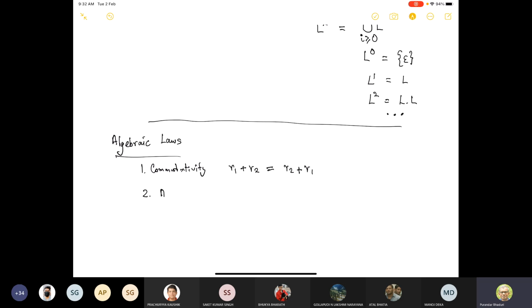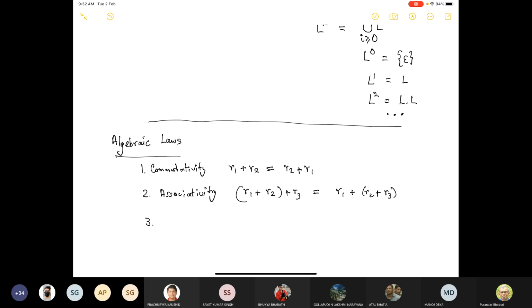Similarly, union is also associative. So if you have regular expressions R1 plus R2 and then plus R3, this is the same as, meaning they denote the same language as, this regular expression, right? So all this follows from the associativity of union.